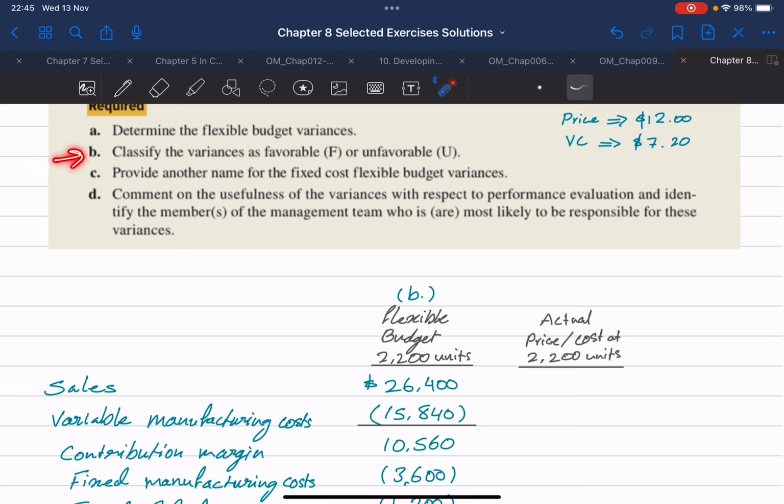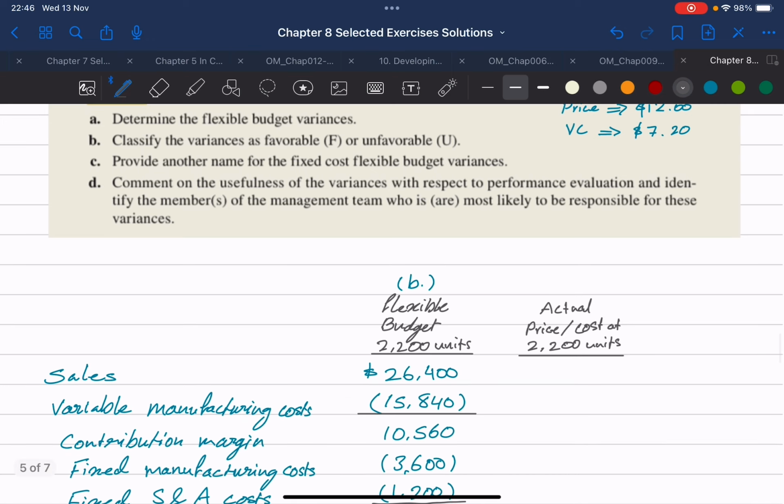In the second requirement, classify the variances as favorable or unfavorable. So we're also going to add one more column. We'll call it flexible budget variances.